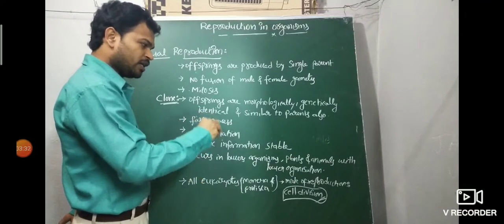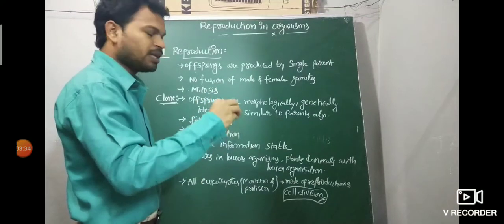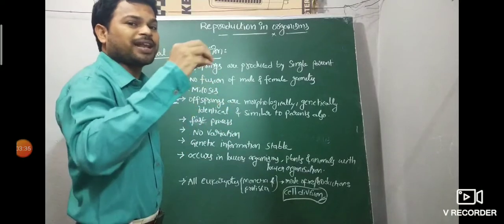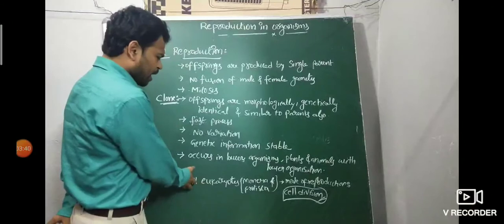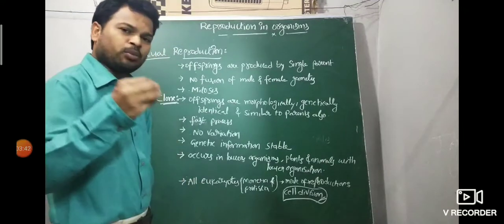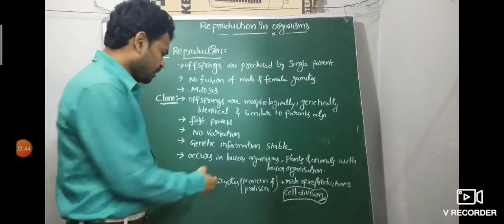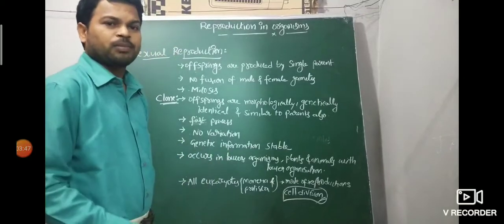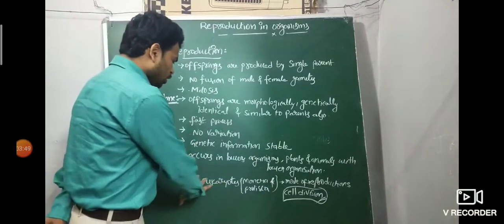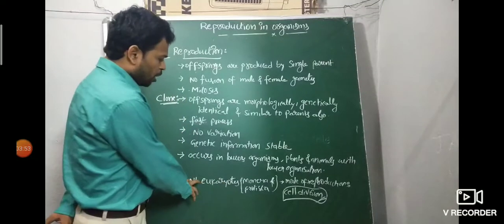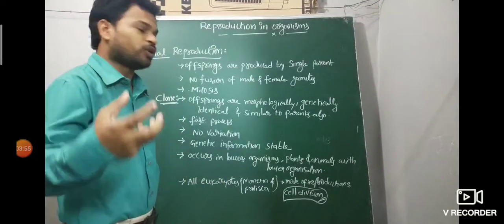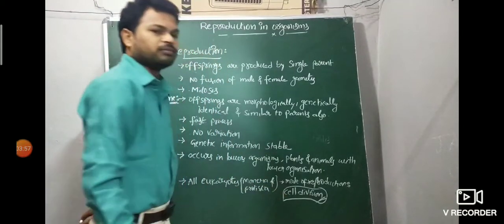Not only that, it also occurs in plants and animals having lower organization, like algae and fungi. For example, Monera, bacteria, and Protista, amoeba, protozoans. So all these eukaryotes also show asexual reproduction, but the mode of asexual reproduction in all eukaryotes is cell division.